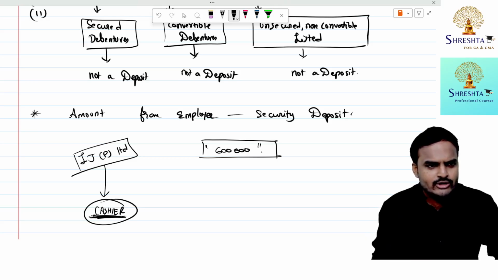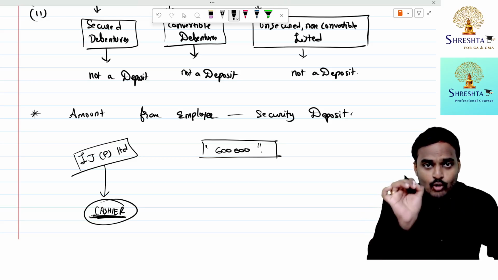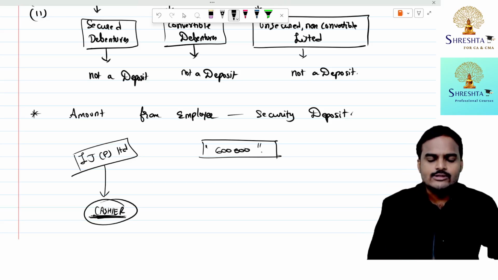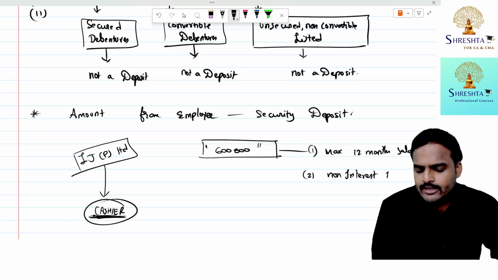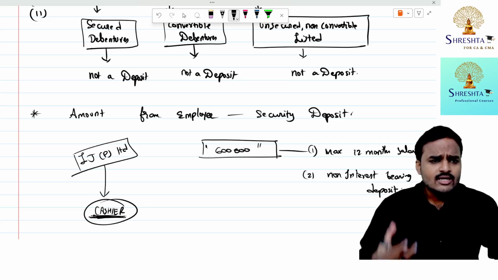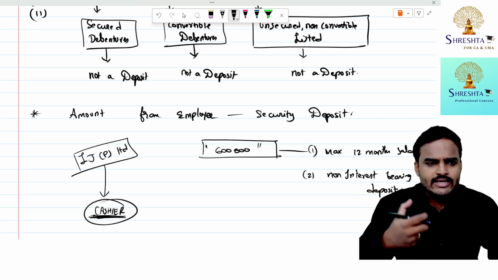Now the company is accepting security deposits. This is also not treated as a deposit, provided the company satisfies two conditions. Condition number 1, maximum 12 months salary. Condition number 2, non-interest bearing deposit, which means the company should not pay any interest on the deposit.